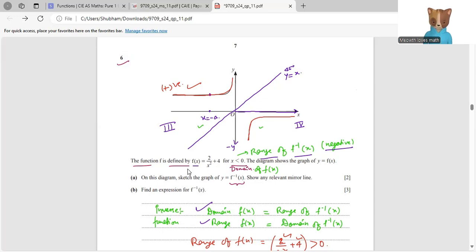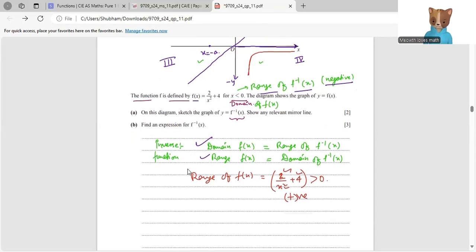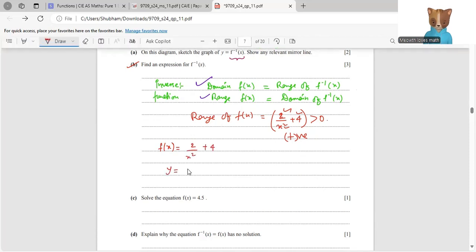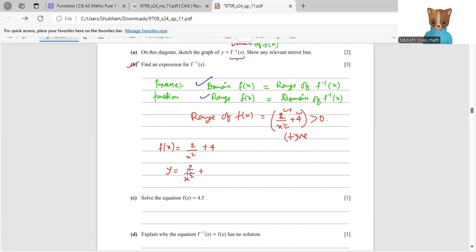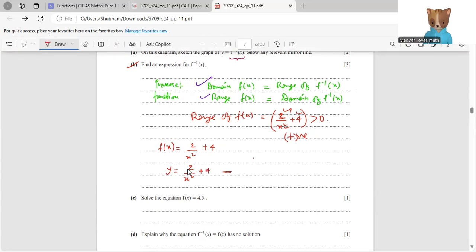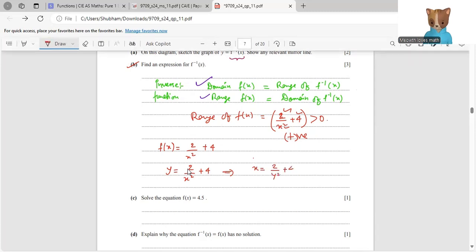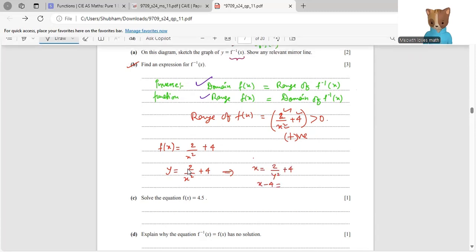Okay. Now, it says find an expression for f inverse of x. So let's first quickly find f inverse of x. First I'll write f of x is equal to 2 over x squared plus 4. Then I'll write y equal to 2 over x squared plus 4. Next, x is equal to 2 over y squared plus 4, and then x minus 4 equal to 2 over y squared.